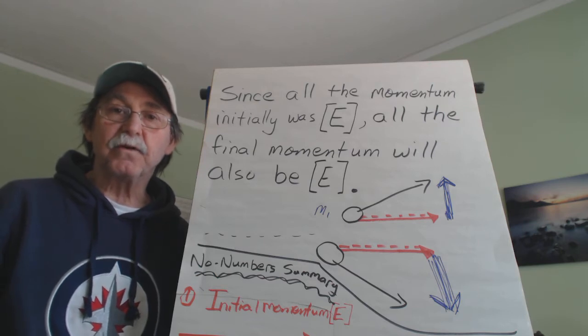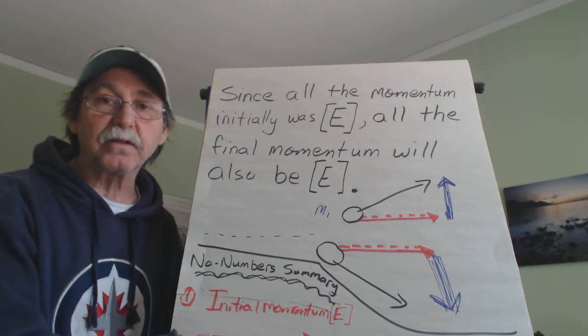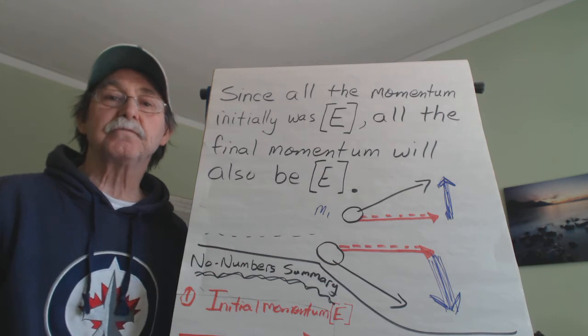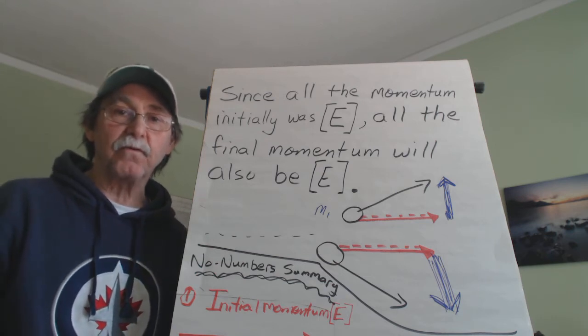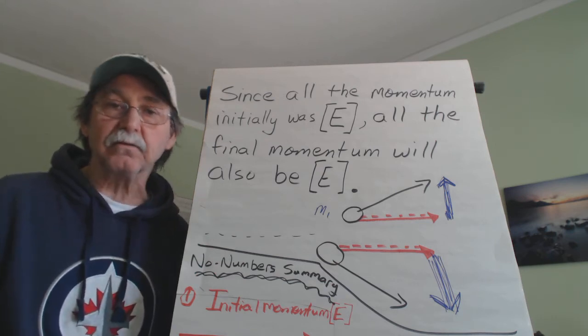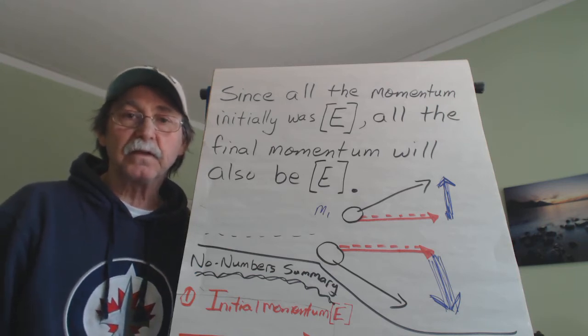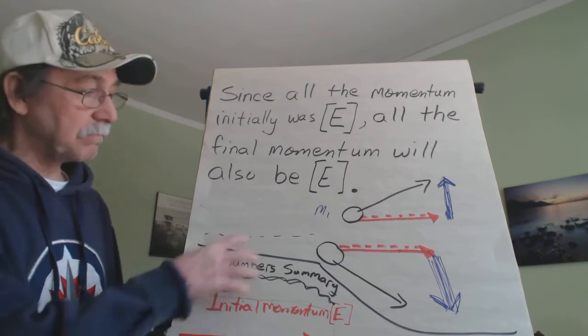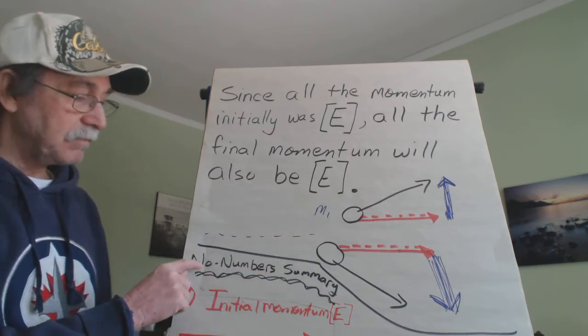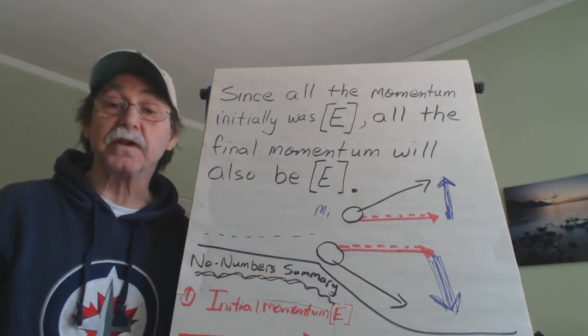Those of you who are in my class, based on this qualitative stuff, you should be able to give me the answer I'm looking for about the resultant angle that the other one glances off. So let's finish this page with my no numbers summary.